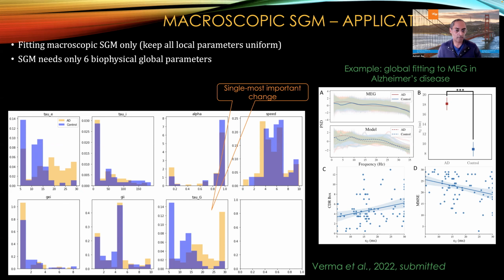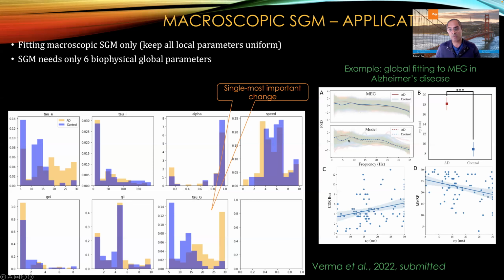We didn't find that. But the fact that these time constants change so dramatically is really exciting because this is kind of exactly what we expect tau and amyloid in the brain to do. So to explore that, let's look at the plot on the right, which shows you the MEG between healthy controls and Alzheimer's disease subjects, shown in A. And you can see there's a very distinct spectral shift in alpha band from higher to lower frequencies.